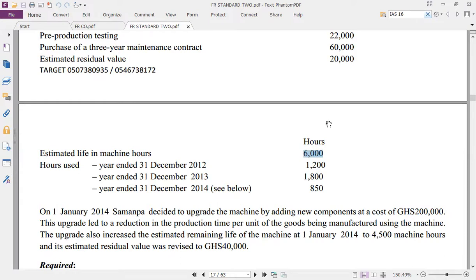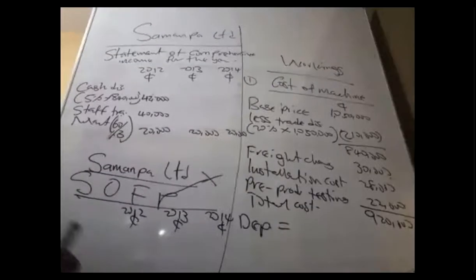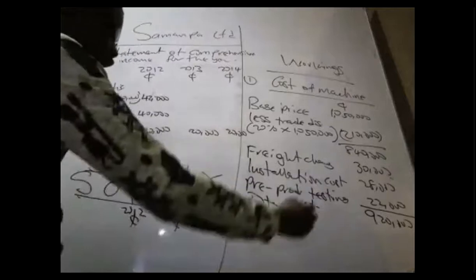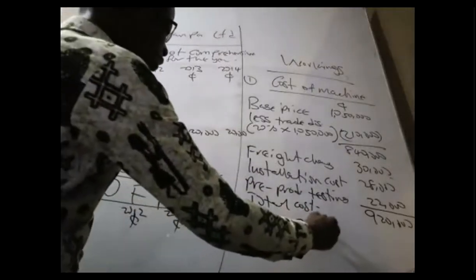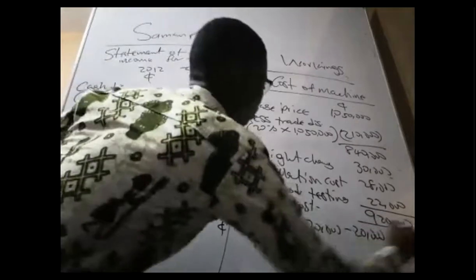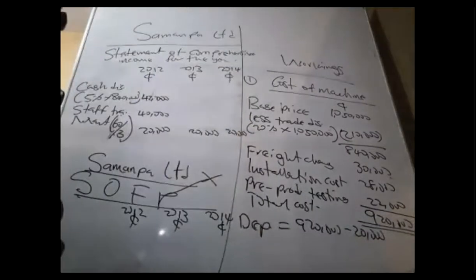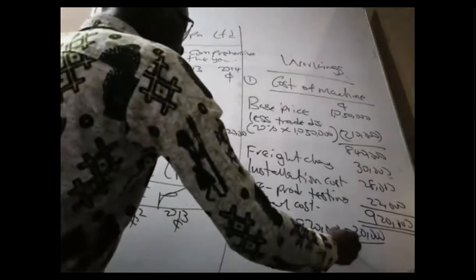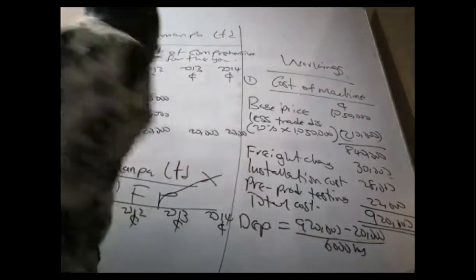That is the difference. So pick the cost, less the residual value, divided by this to get a rate per hour. So let's do that quickly. So the cost is 920,000 minus residual value of 20,000, all divided by what? 6,000 hours. So please, what do you get?